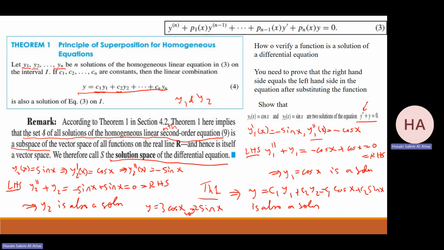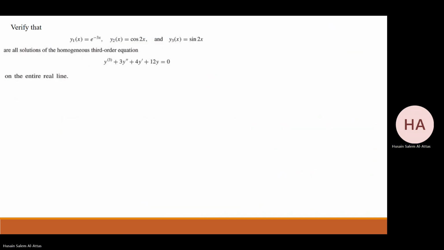Any linear combination will also be a solution. Actually, this linear combination we'll call the general solution later, if they are linearly independent. In this case, sine and cosine are linearly independent. So that's mainly the idea in this theorem.